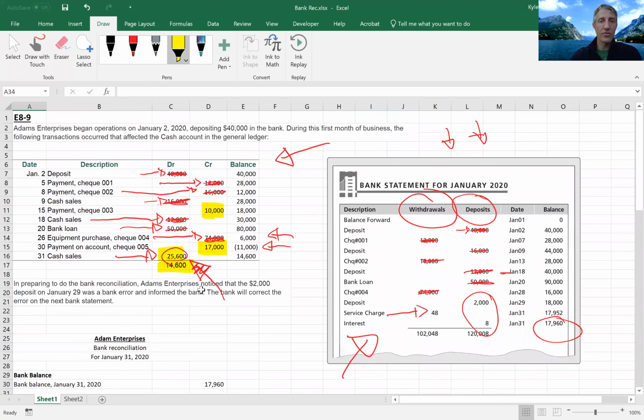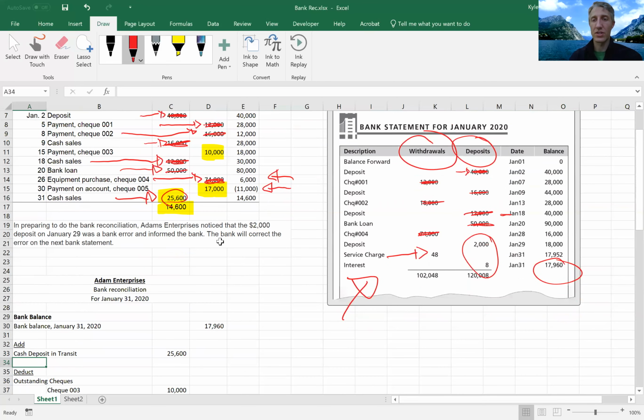So I've gone through every line item now on the general ledger. We've discussed all of them. The ones that were highlighted were reconciling items, and we put those in our template down below. But you'll notice here that there's 3 items outstanding still on the bank statement that haven't been marked off.